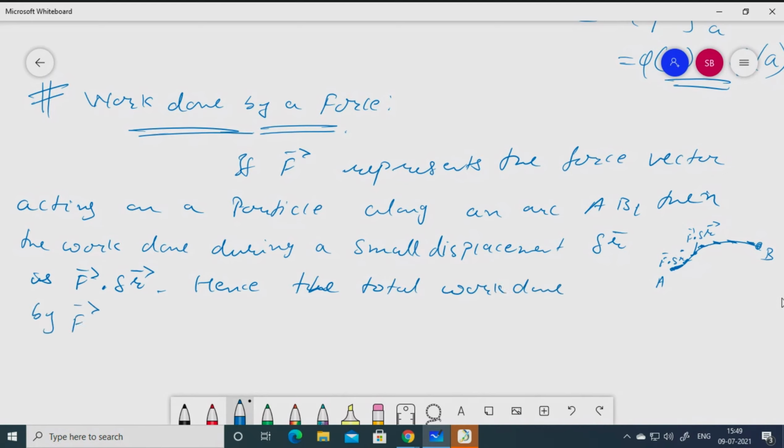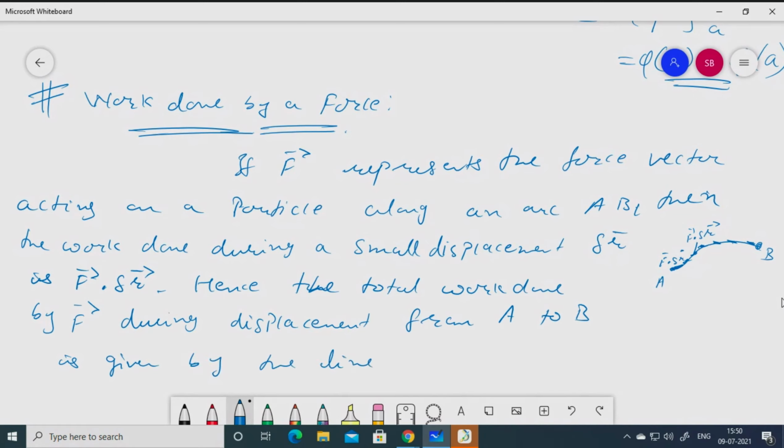So the total work done by f bar during displacement from A to B is given by the line integral from A to B of f bar dot dr bar.